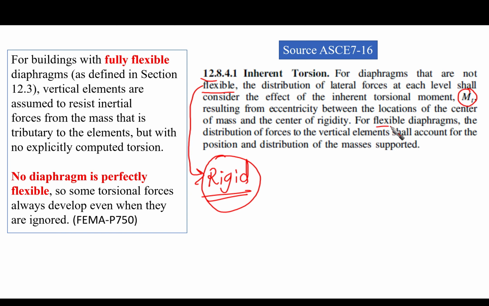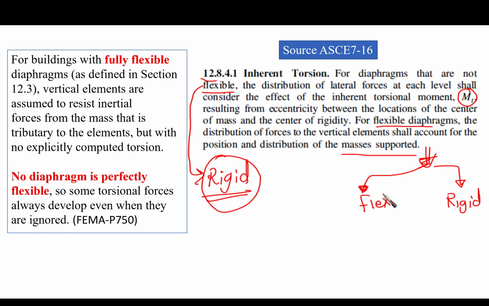For flexible diaphragms, the distribution of forces to the vertical elements shall account for the position and distribution of the masses supported. So what is the meaning here? What I want you to understand from this paragraph is that we need to differentiate between two different cases of the diaphragm, whether it is a flexible diaphragm or a rigid diaphragm.